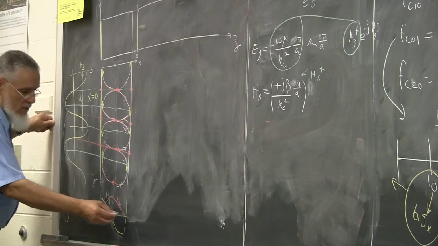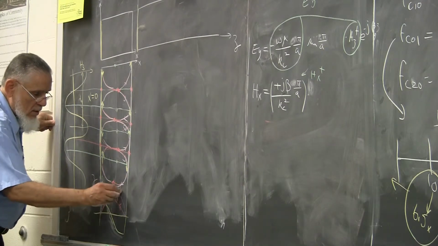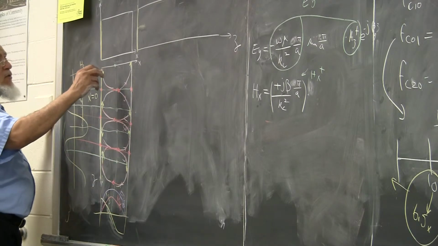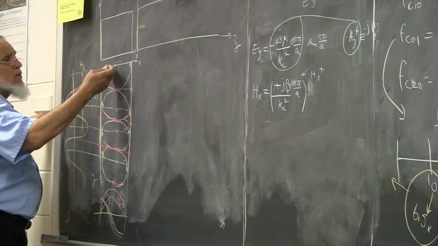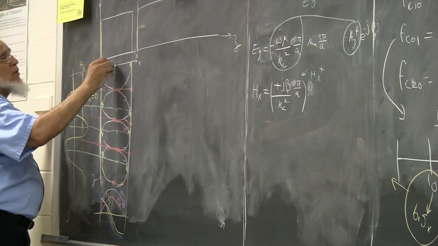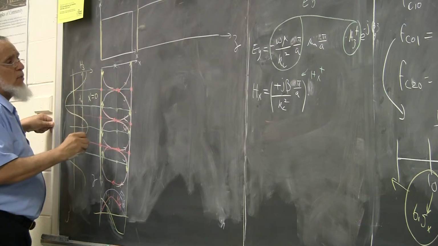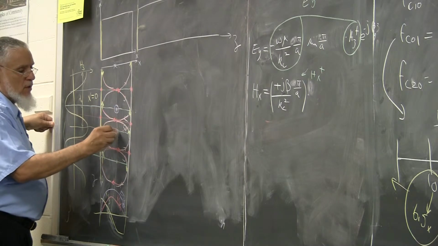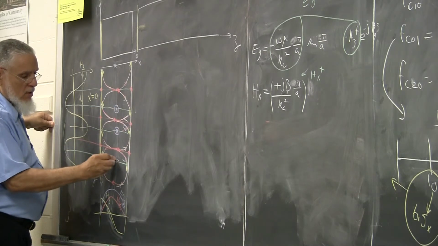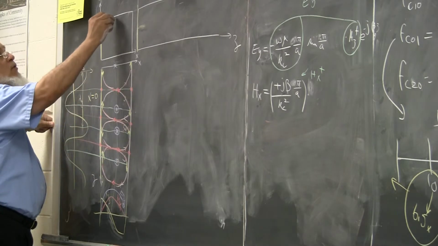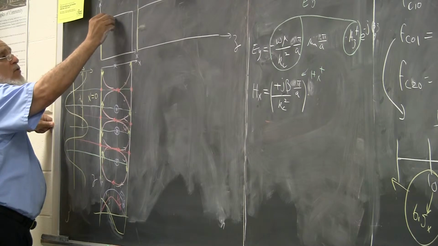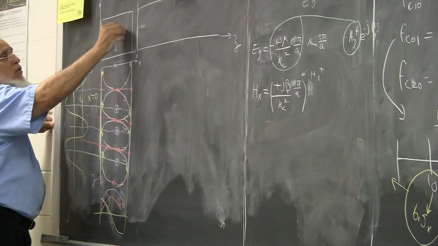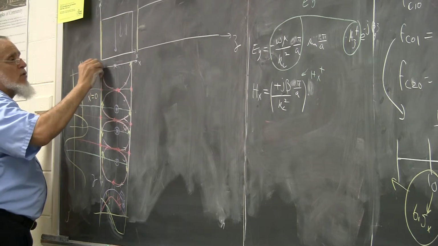So the E will still be a sine, but it will be in phase with the h sub z. So instead of coming out, it's going to be going in. Maximum in here, maximum out here, maximum in here, maximum out here, and so on and so forth. So according to this, it's going to be like that. And obviously it shrinks to zeros on the edges.